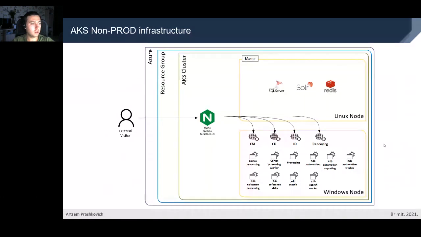The only difference is that we are not using the external SQL Server, Solr, and Redis. We still run them on Kubernetes, which is allowed for a non-production environment, but for production, these services should be external services.